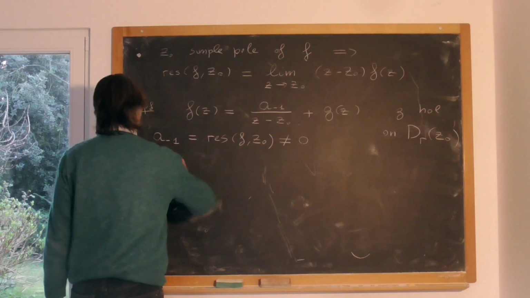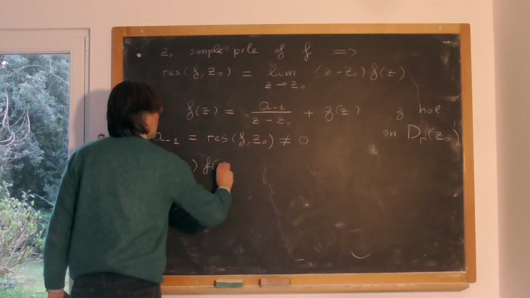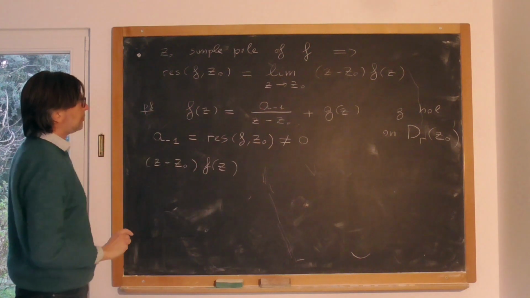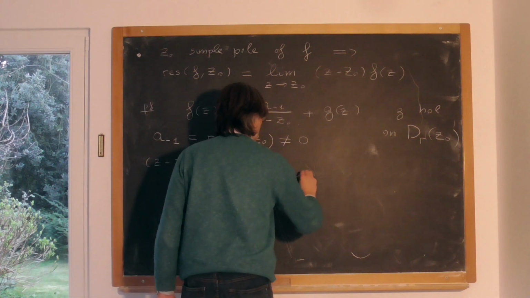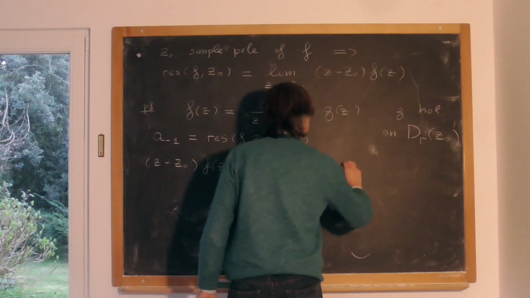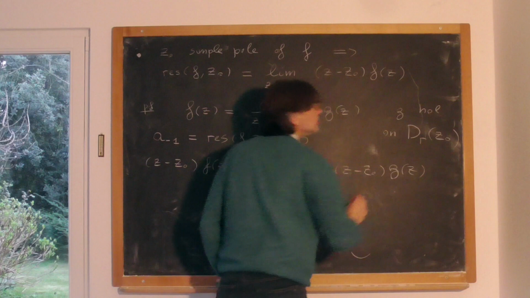Then, if we multiply everything by z minus z0, so (z minus z0) times f(z) is a_{-1}, which is the residue, plus (z minus z0) times g(z).